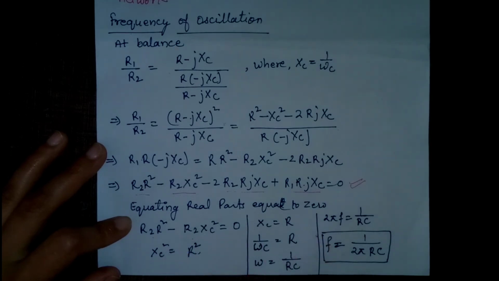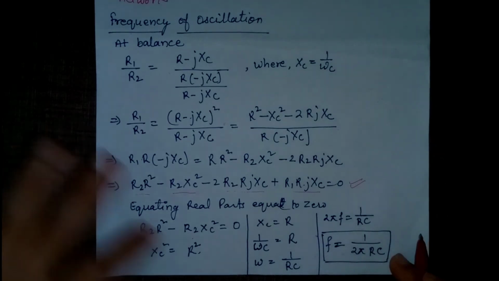After solving, we will get XC equals R. After putting the value of XC, 1 upon omega C equals R, omega equals 1 upon RC. Omega equals 2 pi f equals 1 upon RC, and f equals 1 upon 2 pi RC. This is the frequency of oscillation.